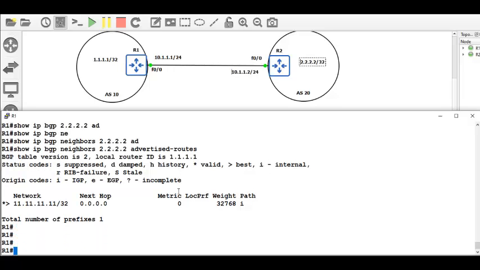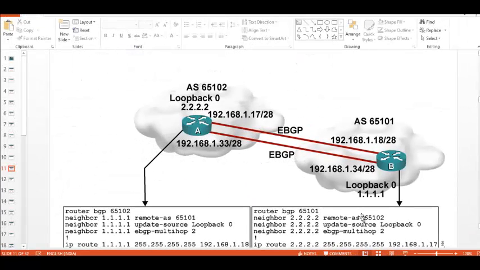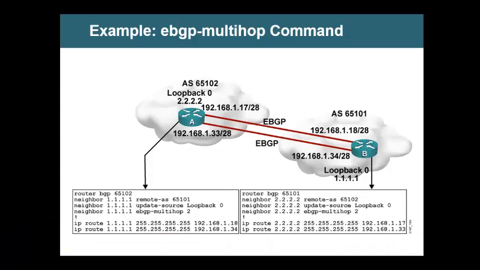So what we learned today is when you have eBGP, forming an eBGP neighbor between loopbacks is not a usual one. It's unusual. Very rarely we'll have redundant paths between eBGP neighbors.